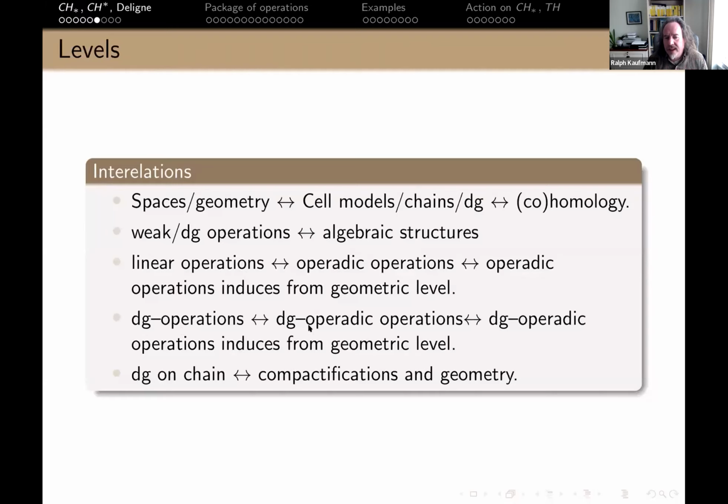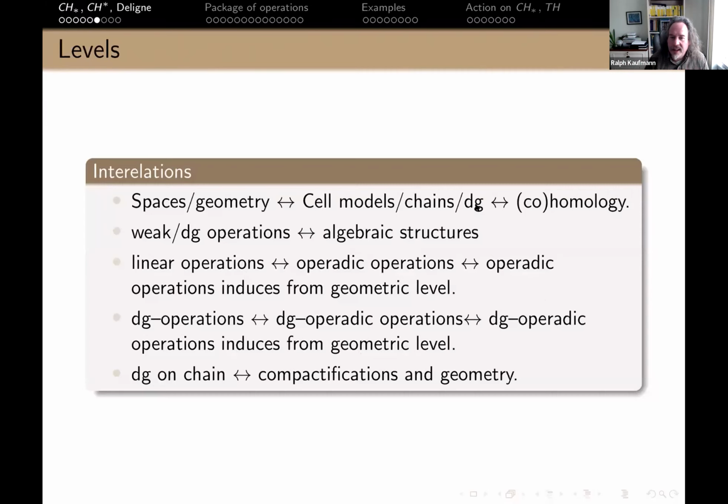And then, does that DG structure extend to the operadic level? And is that DG operadic level induced from the geometric level, in the sense that you took a chain model? You had something in the geometry, and then you took a chain model, and this is a choice. You have to pick the right chain model. It's not clear because the chain model is very flabby, so you have to get this on point. And then sometimes you want to reconstruct.